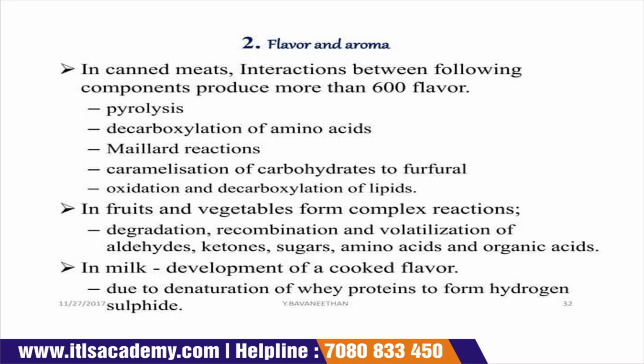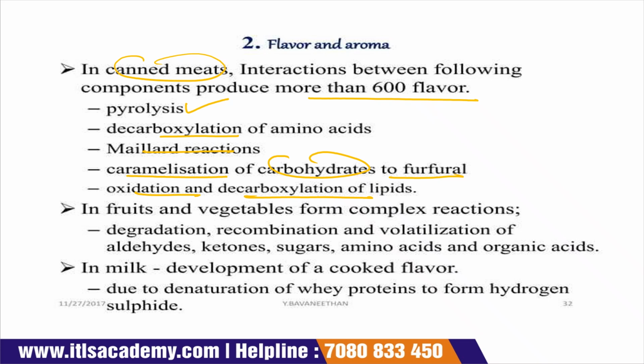Flavor and aroma. If we talk about canned meat, it interacts with the following components, which produce more than 600 flavors: pyrolysis, decarboxylation of amino acids, Maillard reaction, caramelization of carbohydrates to furfural, and oxidation and decarboxylation of lipids.